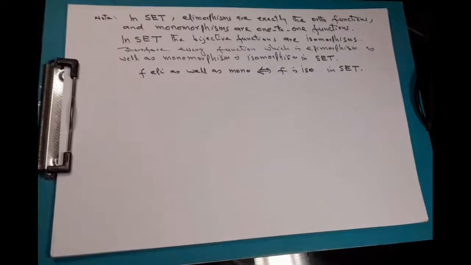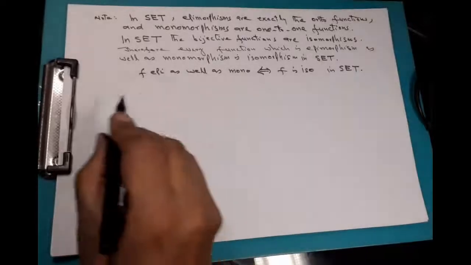In fact, this is not true in general category. In general category, a morphism which is epi as well as mono may not be iso. So let's have this comment.